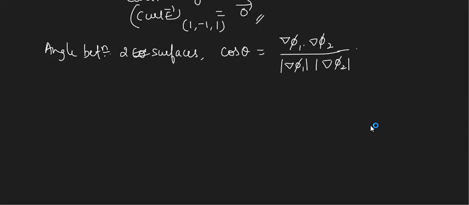It is just similar to A dot B upon magnitude of A into magnitude of B. Only A and B are nothing but del phi 1, del phi 2. So let us start finding del phi 1, del phi 2.